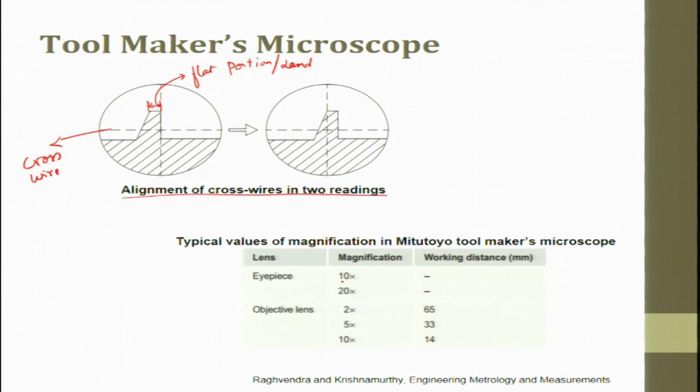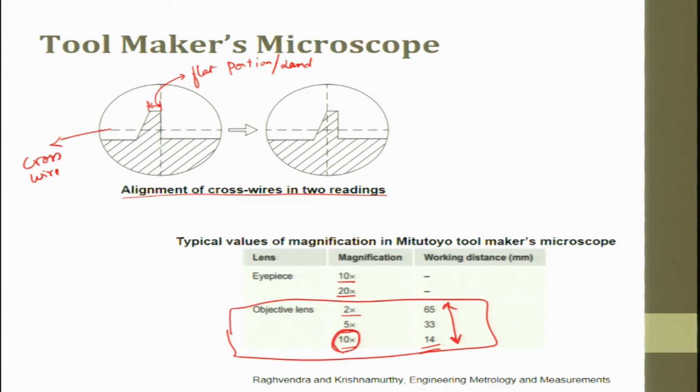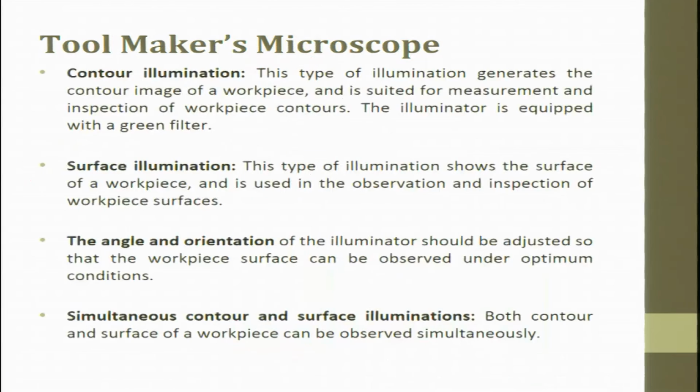So, you can have at the eyepiece 10x, 20x, okay, and then objective you can have 2x, 5x and 10x. You can see the working distance. As and when the objective x increases, the working distance goes small. So, this is a very important parameter you should know. When you try to look at very high magnifications, you should understand you are sacrificing the working distance.